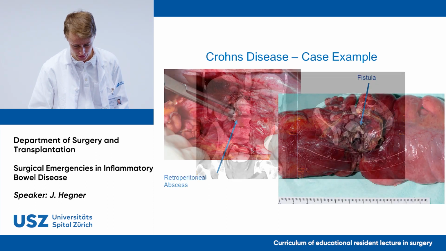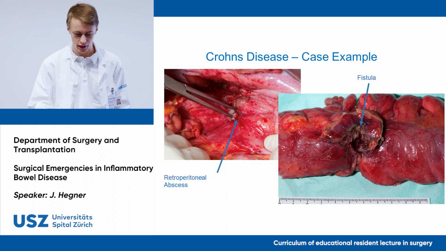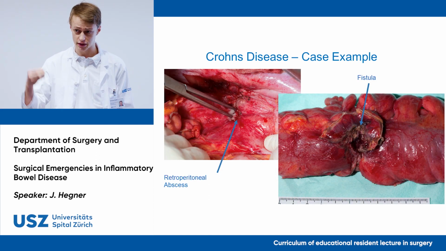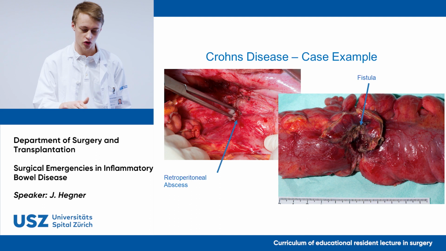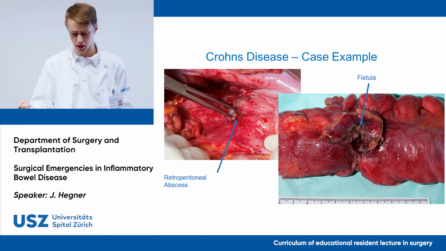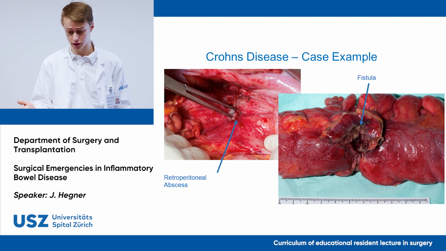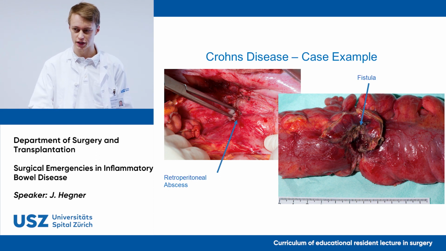And here we can see what I described earlier. We can see a fistula in the descending colon, which has created a retroperitoneal abscess. So in this case, we did a resection of the left colon, and we drained and revised the abscess. Due to the edematous bowel and the significant intraperitoneal sepsis, a protective stoma was placed upstream.